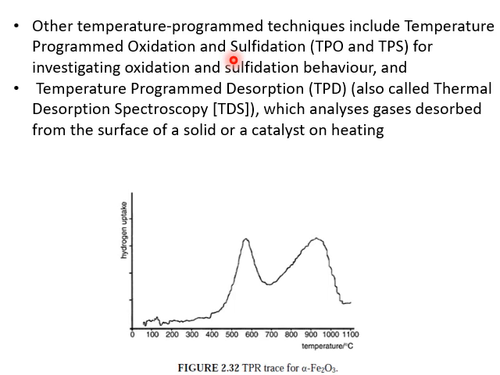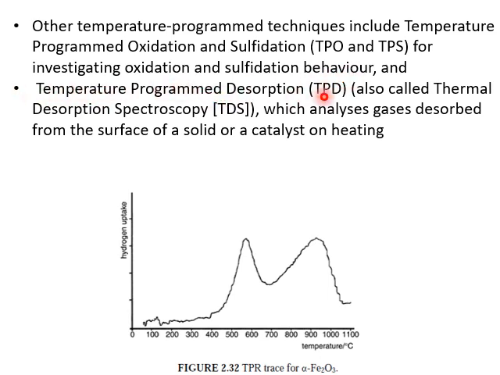In temperature programmed oxidation, oxidation of the sample takes place, and in sulfidation, sulfidation of the sample takes place. These are called TPO and TPS when investigating oxidation and sulfidation behavior.